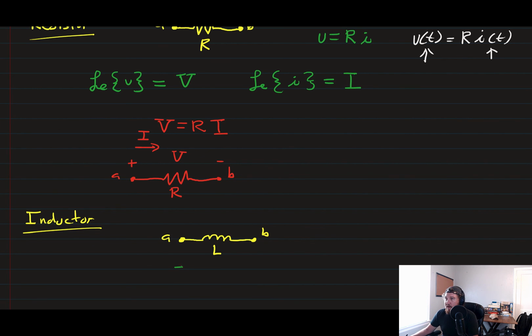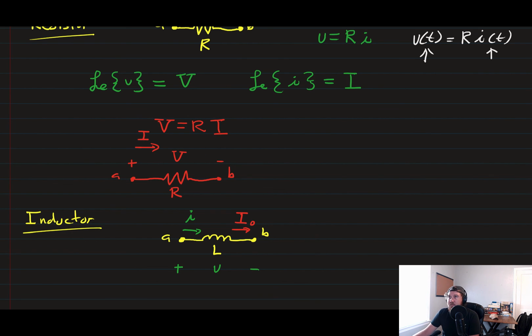And like before, it has a voltage V across the terminals A and B. It's got a current I that's flowing through it, but there is one other thing that's hanging out, and we'll see that when we take the Laplace transform. There's actually a current I sub naught, the initial current that's in the inductor when we start the analysis. So this will come back around when we take the Laplace transform.